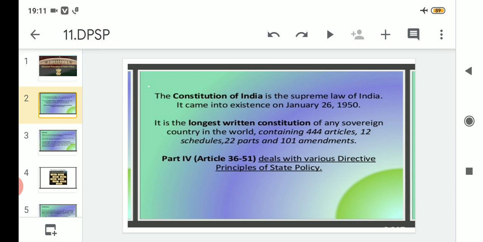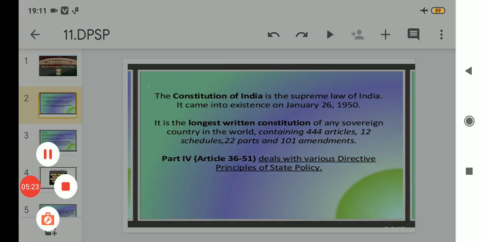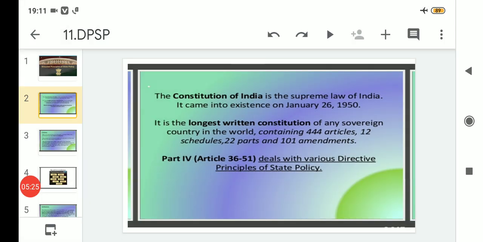That means continuously from Article 36 to 51 covers the directive principles of state policy, and that is under Part 4. Remember this. Clear?